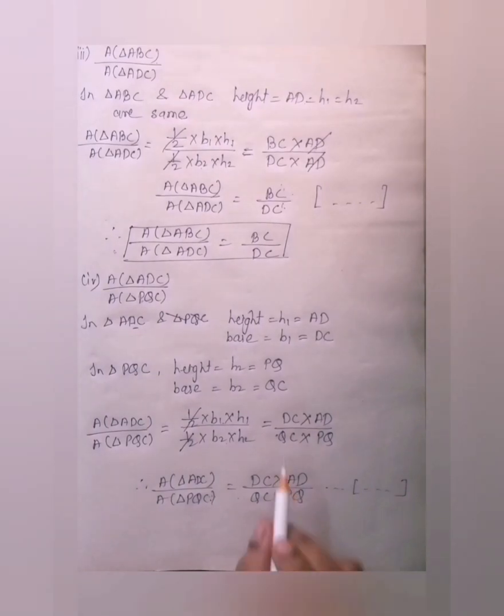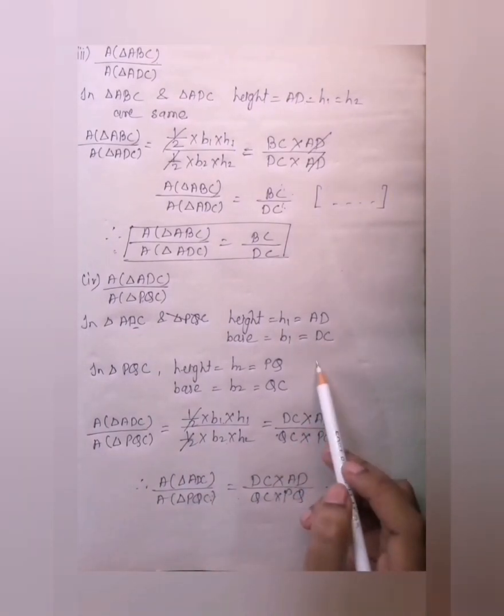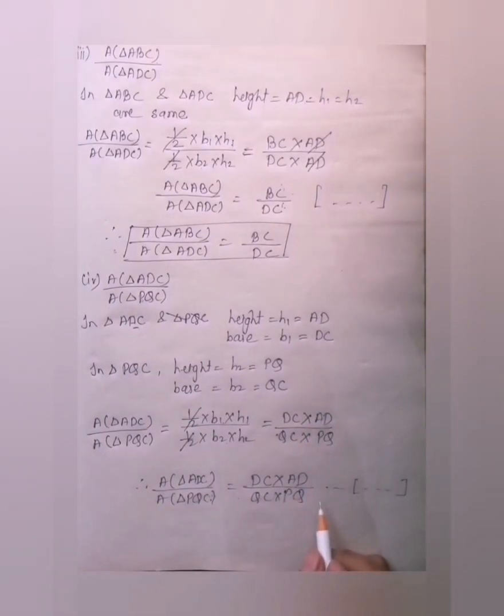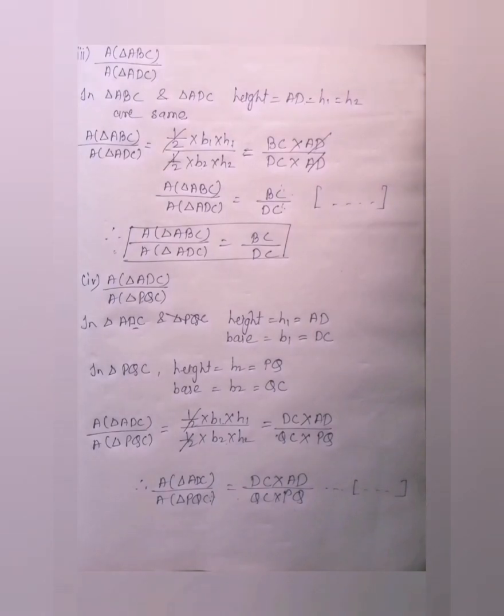Product means their multiplication. Because there is no common base or height, we get the products of their bases and their heights. Clear, students? In this way we solved the 4 sub questions of question number 5.